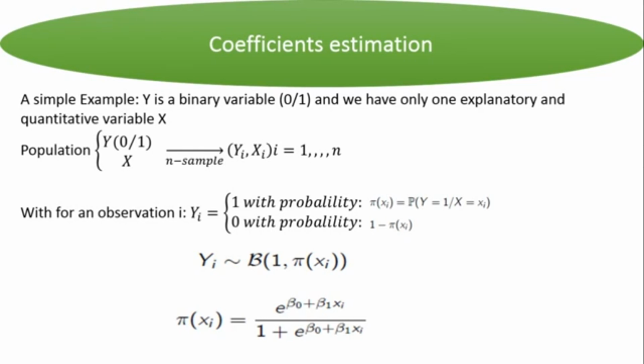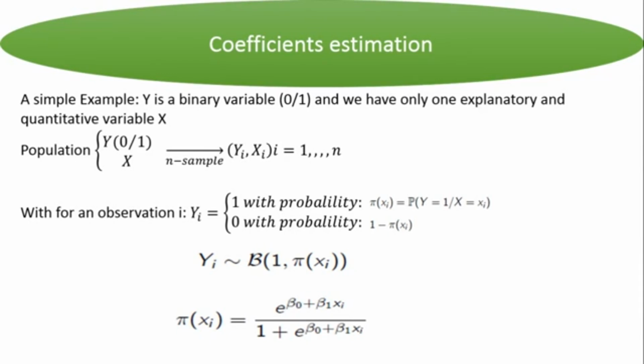So we have n couples (xi, yi). We are going to use this sample in order to estimate our parameter.